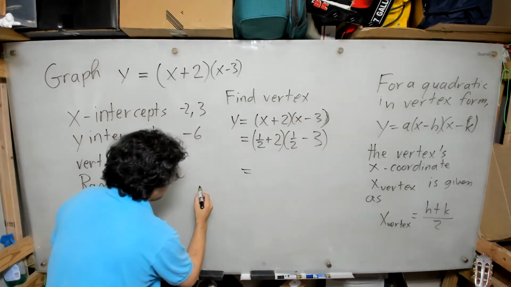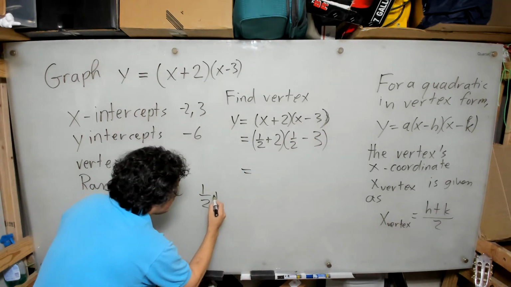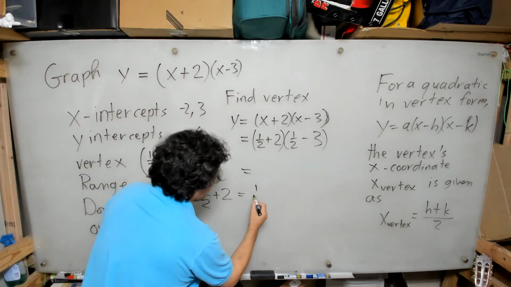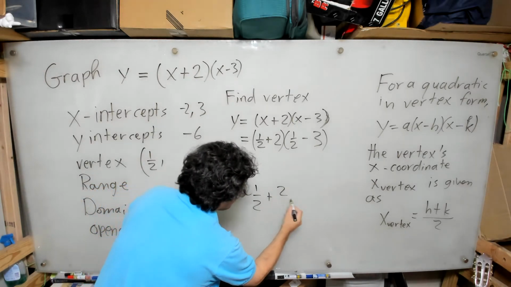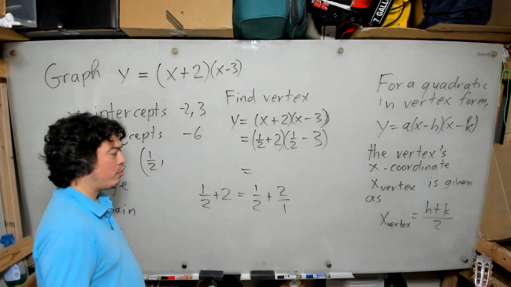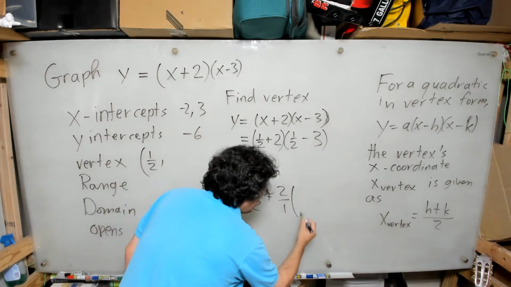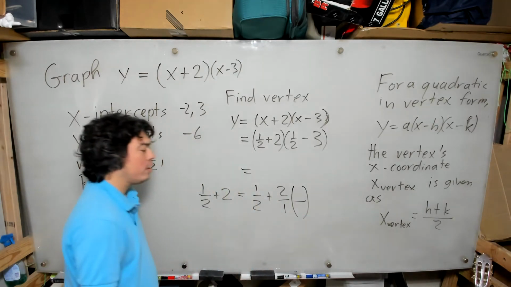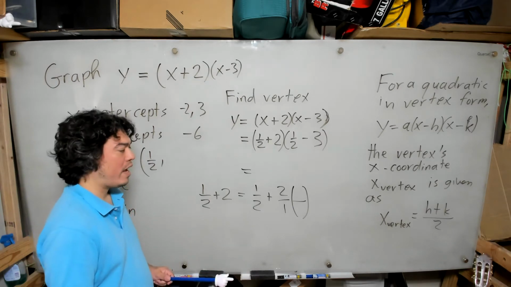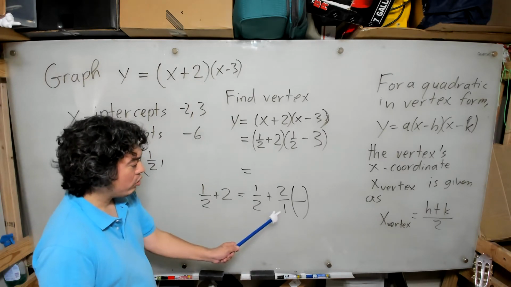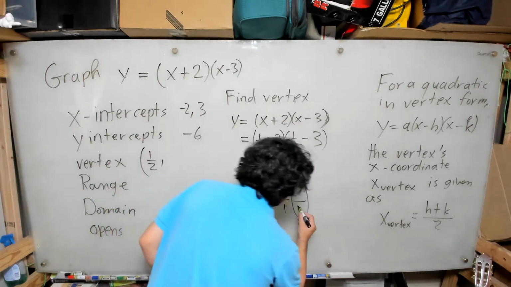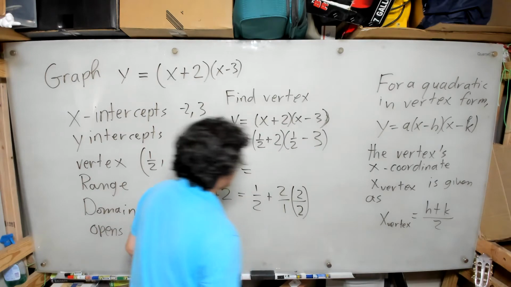Okay, so first of all, what's 1/2 plus 2? Well, I can do 1/2 plus 2 as 1/2 plus 2 over 1, right? Because I can rewrite a whole number, 2, as a fraction, by putting it over 1. But then I'm doing that because I want to put these two fractions with a common denominator, because that's the only way that we'll be able to add them. In this case, I know that I can multiply 1 times 2 to get 2, so that's the denominator I'm going to pick. So it's going to be 2 and 2.